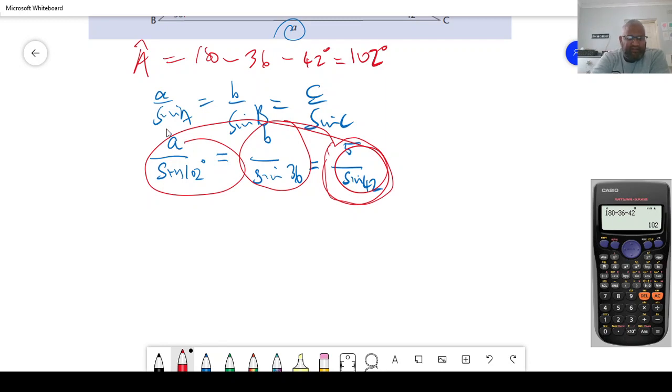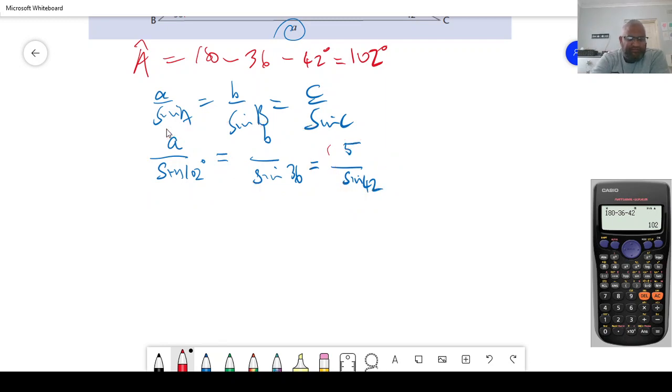So I'm going to calculate b first. What I'm going to do is cross multiply. We can't solve both at the same time, so we solve one at a time. So we cross multiply: b sine 42 is equal to 5 sine 36.